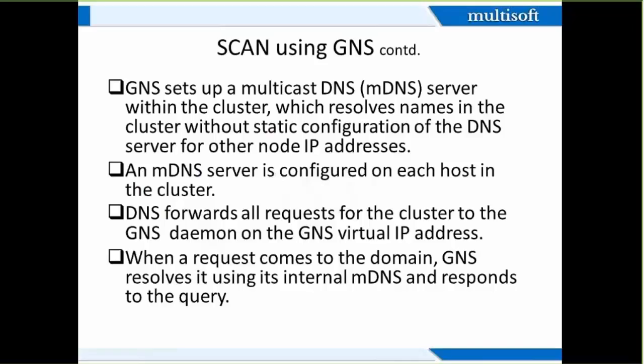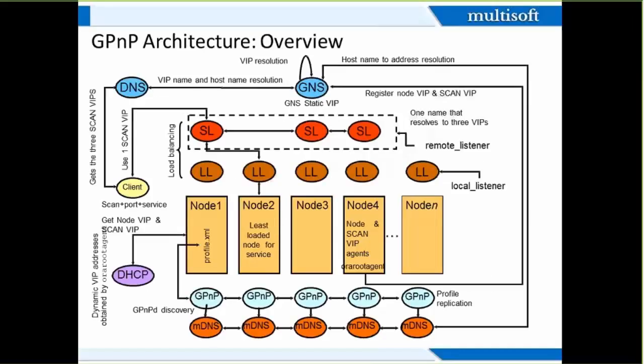It accepts the request and provides that information to GNS, GNS to DNS, and DNS provides that information to the client. As the client receives the SCAN name, that request automatically goes to the node where that SCAN is running. So this is the architecture.